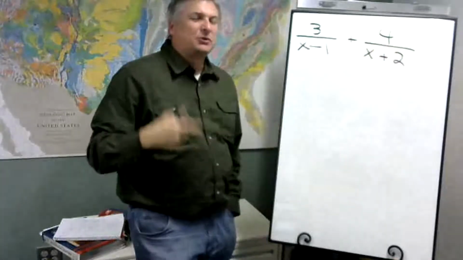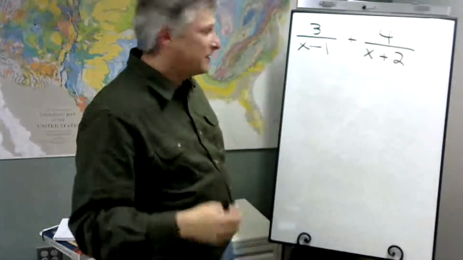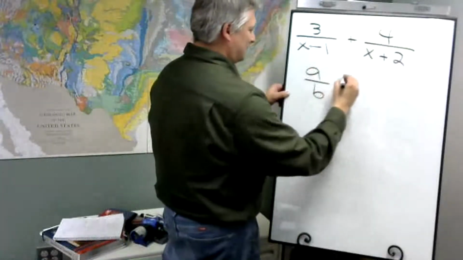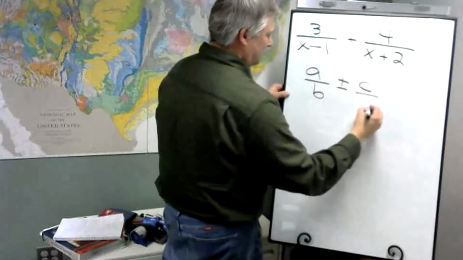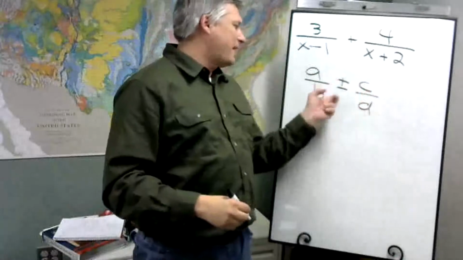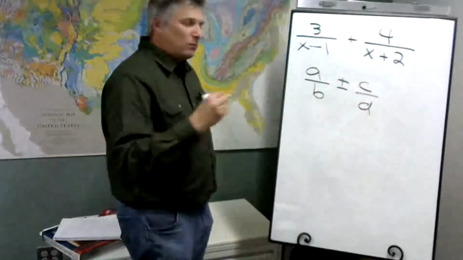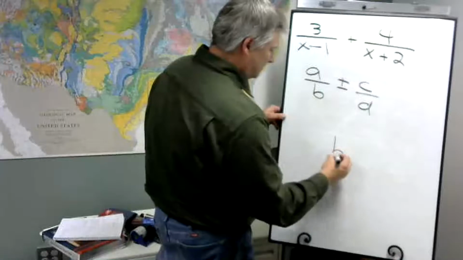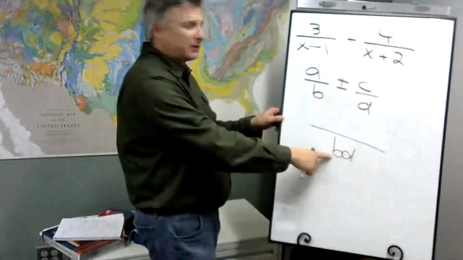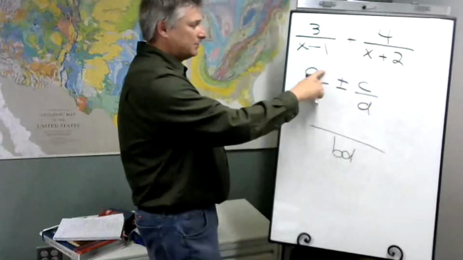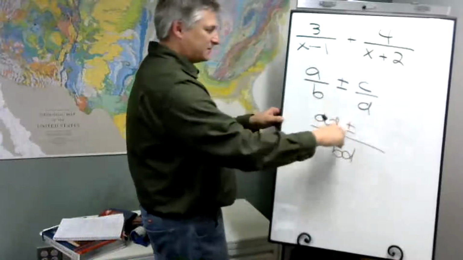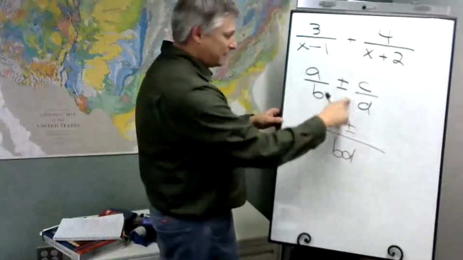Now I'm going to use a trick for adding these together. And the trick is this. Let's say we have two fractions, A over B, C over D, and we're adding or subtracting them. What we could do is multiply across for a denominator, cross multiply, whatever sign or operator we have here, we bring that down.